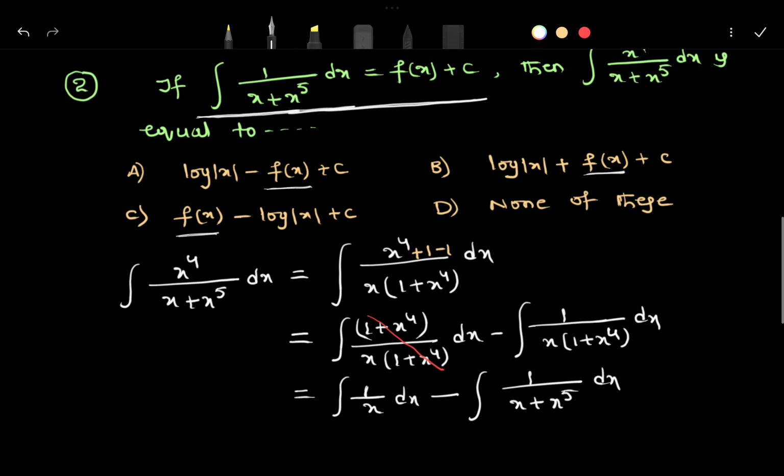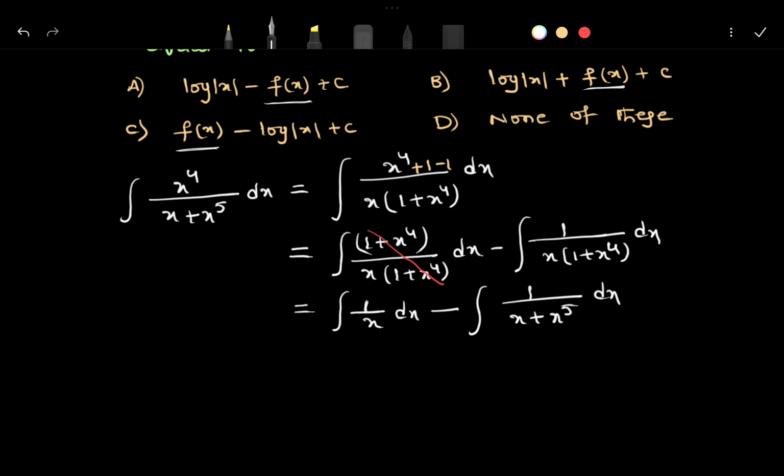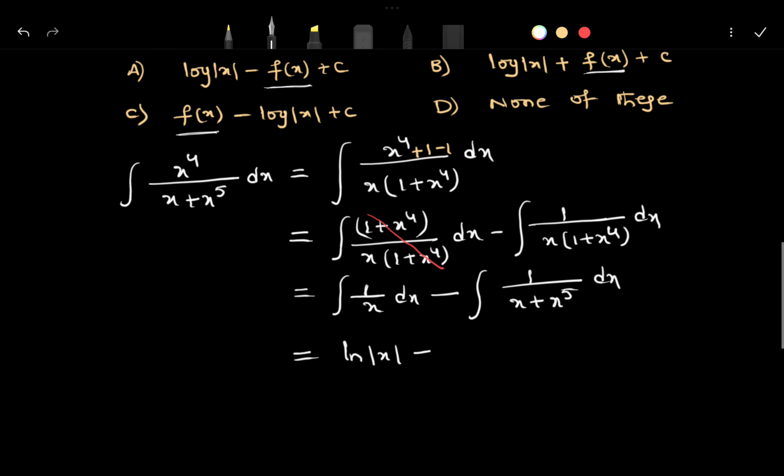Now you see the given question, integration of 1 by x plus x to the power of 5 into dx, the value is f of x plus c. You know this value will be log of x minus this one, which will be f of x, plus c. Plus c means minus c.